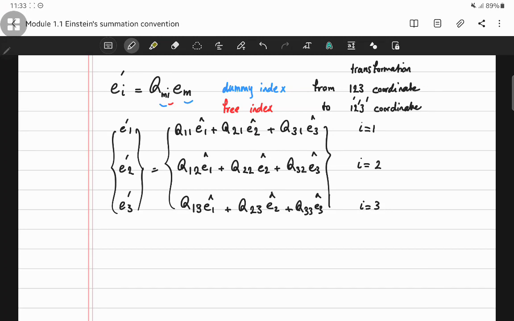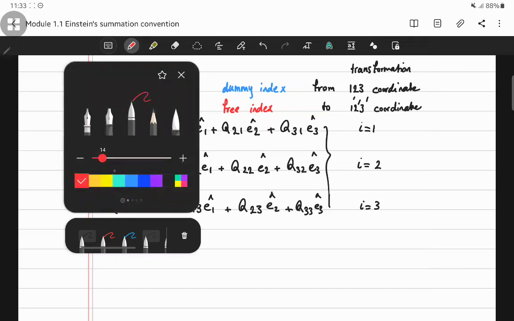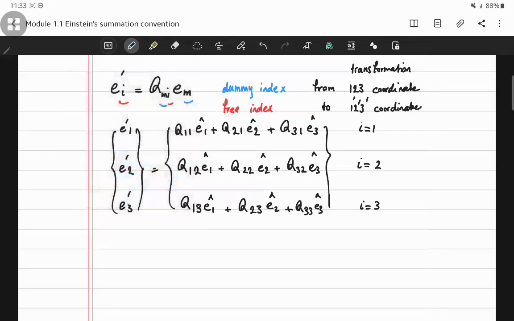You have a dummy index, so the number of terms in each expression should be 3 to the power of 1, since you have one dummy index, 1, 2, 3. And for the free index you have 3 to the power of 1, which is 3, of course. You have i only as the free index, so you will have 3 expressions here, for i equal to 1, 2, and 3.